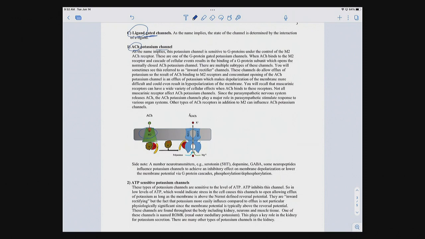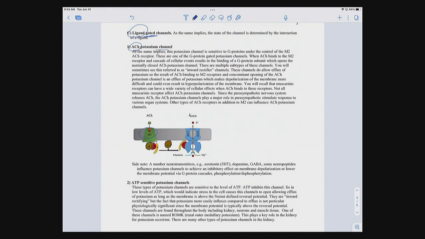You may recall from earlier discussions, the muscarinic receptors, you got multiple types, M1, M2 through M5. Maybe there are more, don't know, but there are a lot of different subtypes. So as far as the acetylcholine receptor is concerned, we're talking about the M2, and that is the one that can impact a potassium channel.